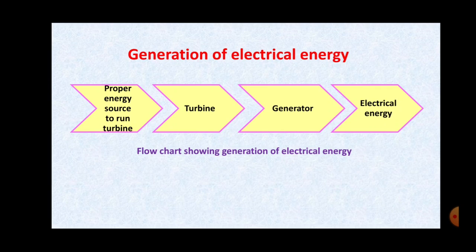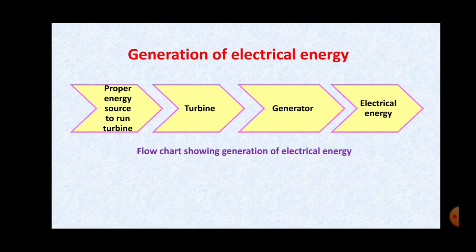Due to this, the turbine starts rotating, and when the turbine starts rotating, the kinetic energy is produced, and this kinetic energy starts running the generator, right? And then the electric generator starts rotating, and then the electrical energy is generated. So this is a very general way of generating the electrical energy.